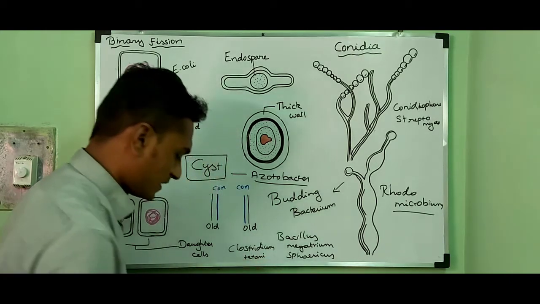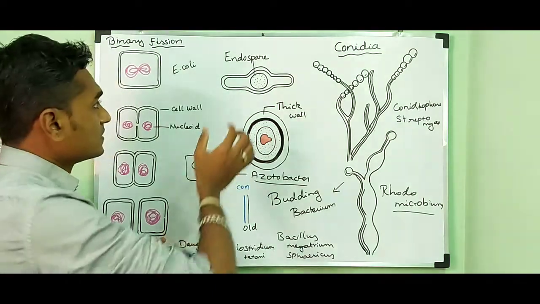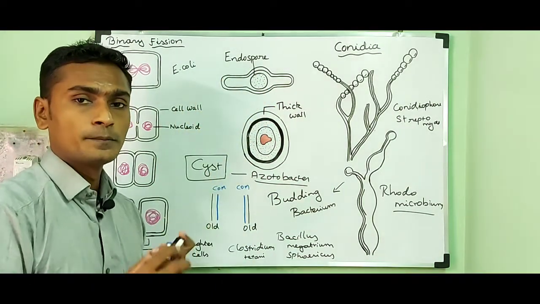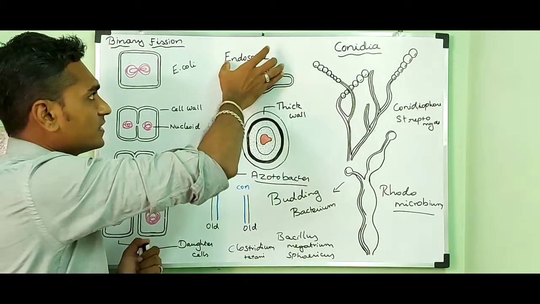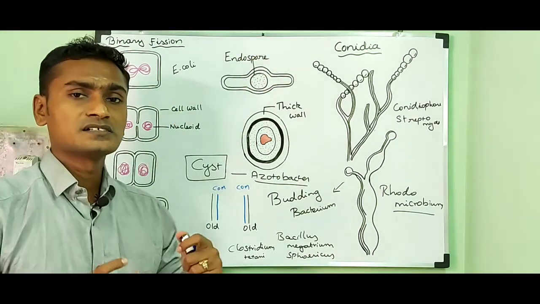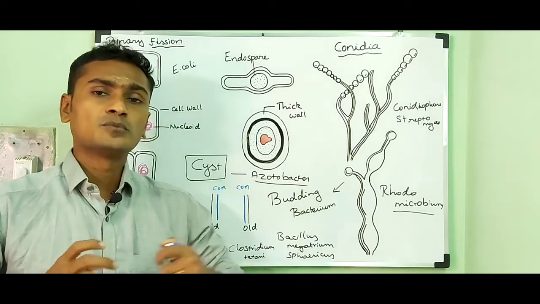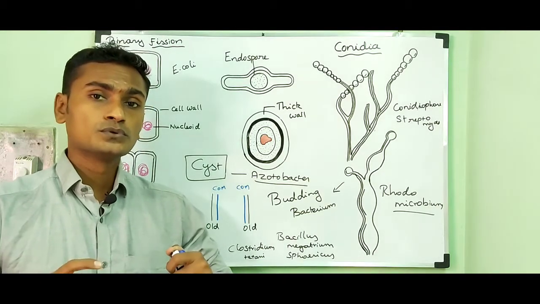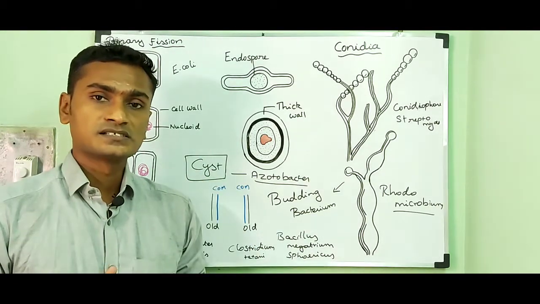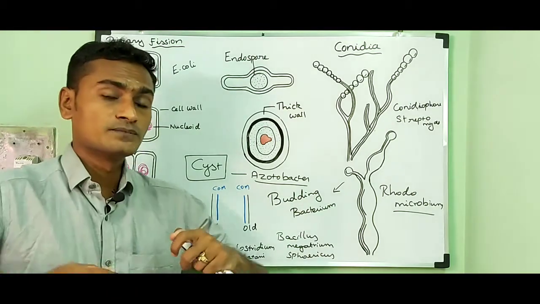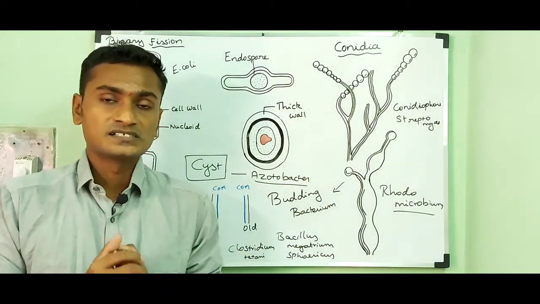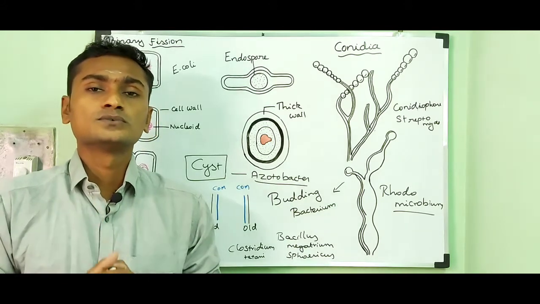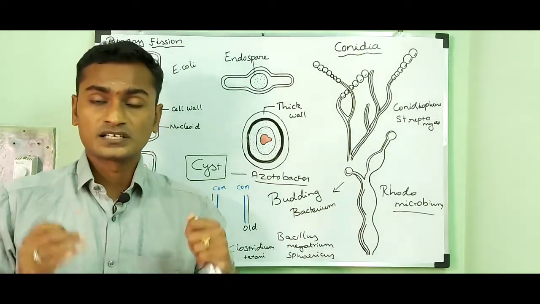The endospore can resist a high amount of temperature, up to 100 degrees Celsius, and it can resist toxic chemicals.